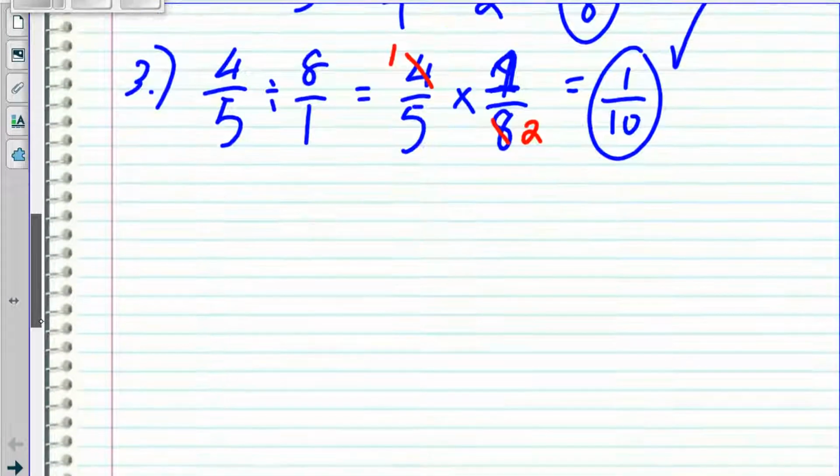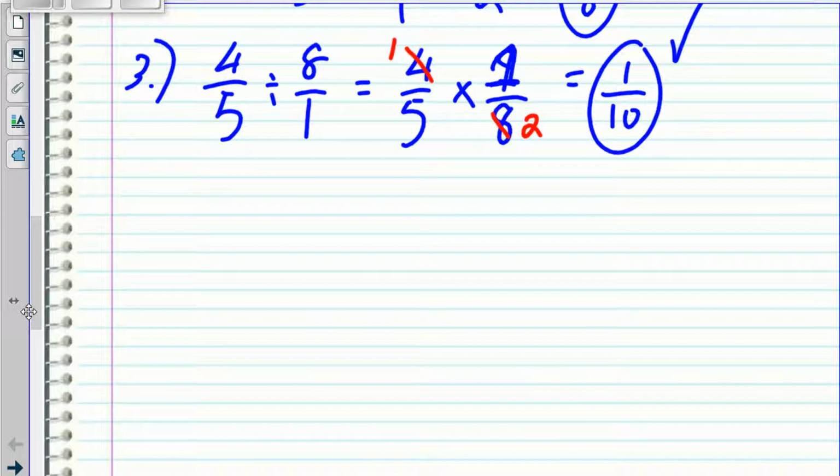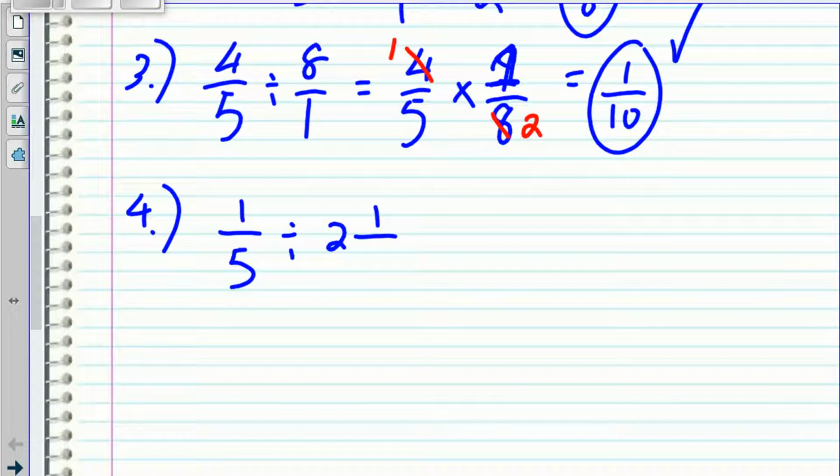Now let me add an extra question, because I must have forgotten when I planned this. Let's do 1/5 divided by 2 and 1/10. I don't think it's a very good question actually, but let's give it a try.